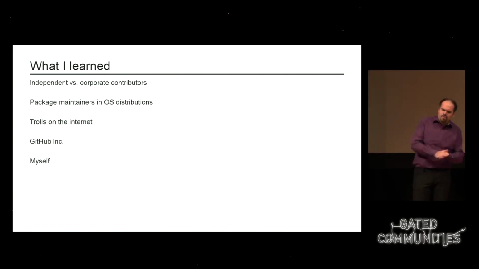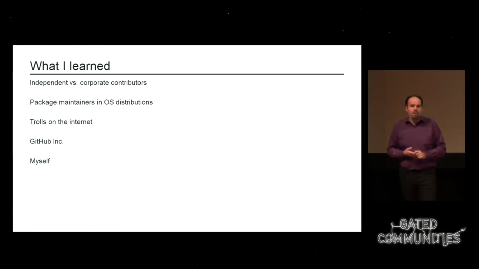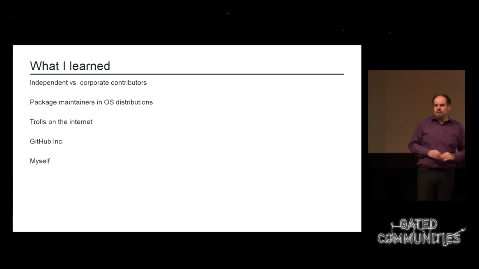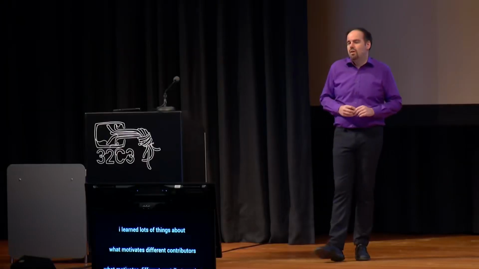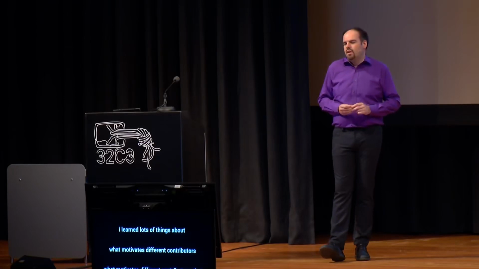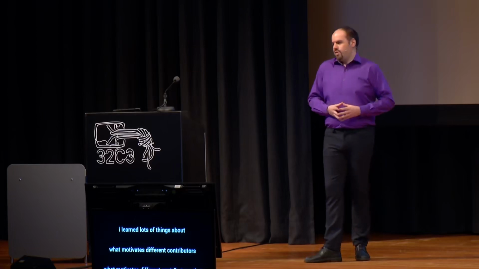I learned lots of things about how different contributors do, what motivates different contributors, and that there are different kinds of contributors. I was quite naive when I started maintaining this project, and I was engaged in the project for selfless reasons.